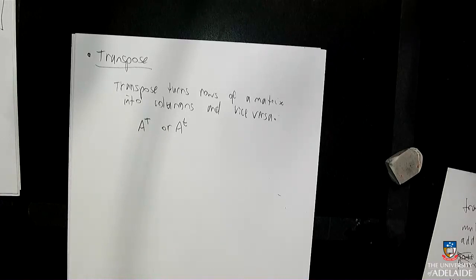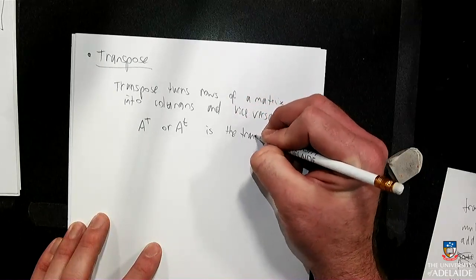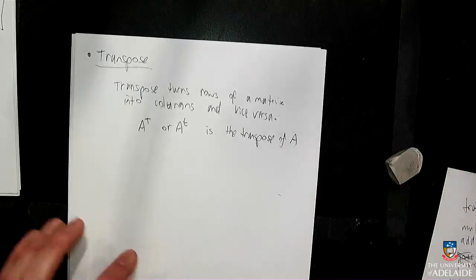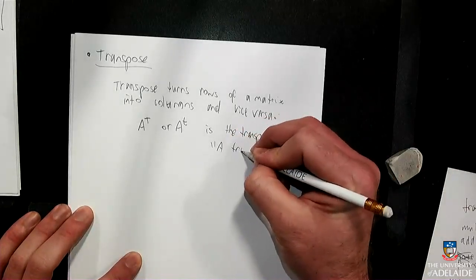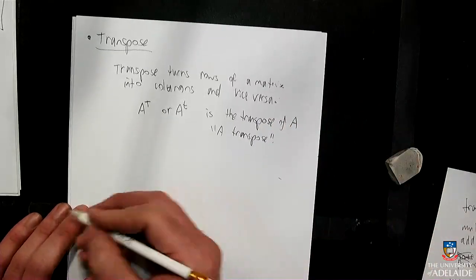Which is why when we mathematicians write powers for an unknown number, we never put a t there because it stands for transpose. Though sometimes we do, and it confuses everybody. So this is how it's denoted, the transpose of A, or sometimes just A transpose. And that's how it's denoted.